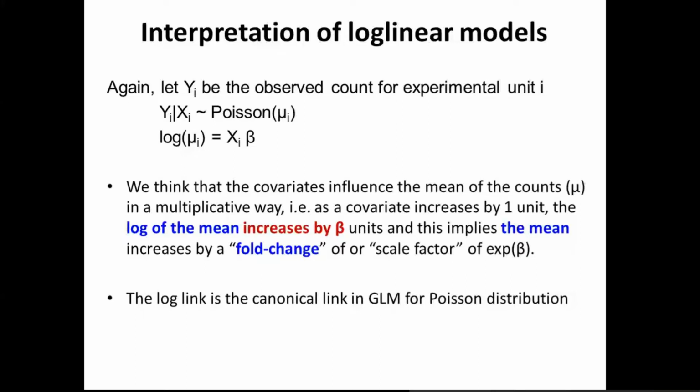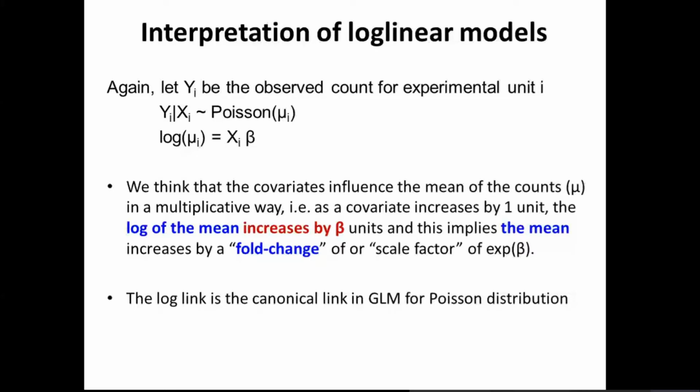Therefore, yi given xi, where xi could be, for example, male or female. The outcome yi is a number, it could be 0, 1 or 2, given the independent variable xi of that individual.